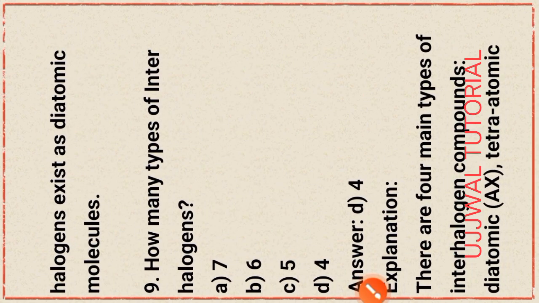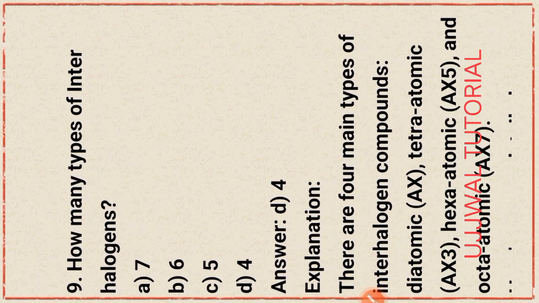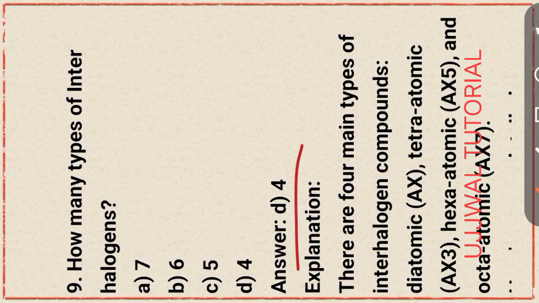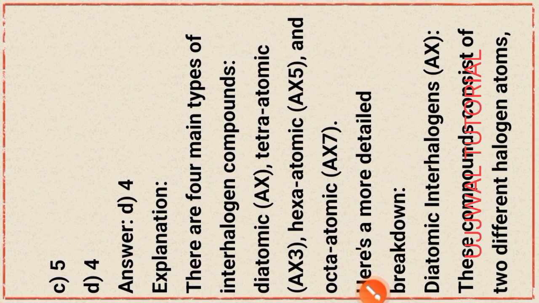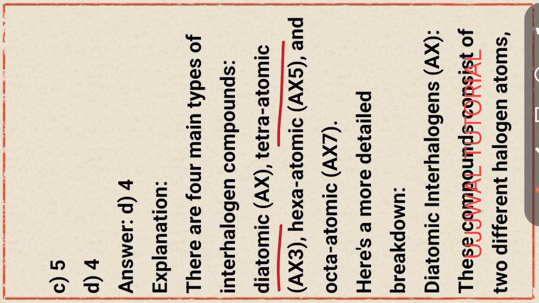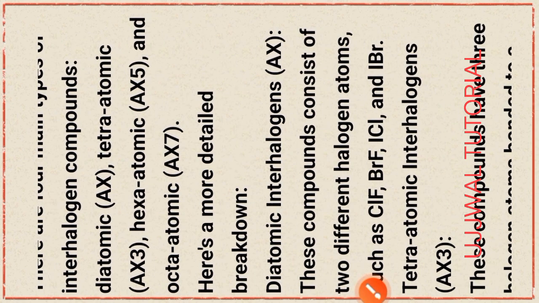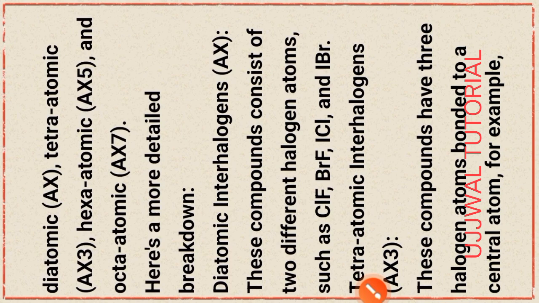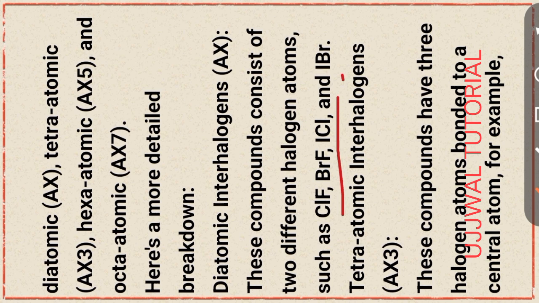Next question, question number 9: How many types of interhalogen compounds are there? Option 4. To explain, there are 4 types of interhalogen compounds: diatomic, tetratomic, hexatomic, and octatomic. Diatomic examples are ClF, BrF, ICl, and IBr.